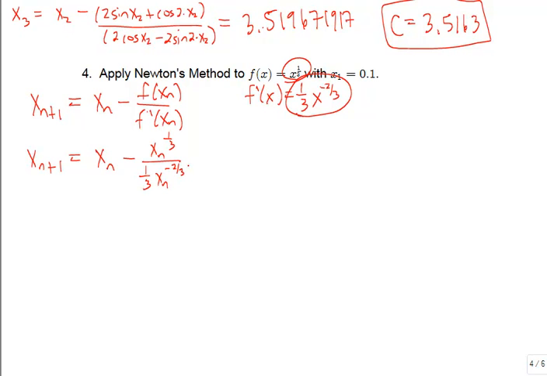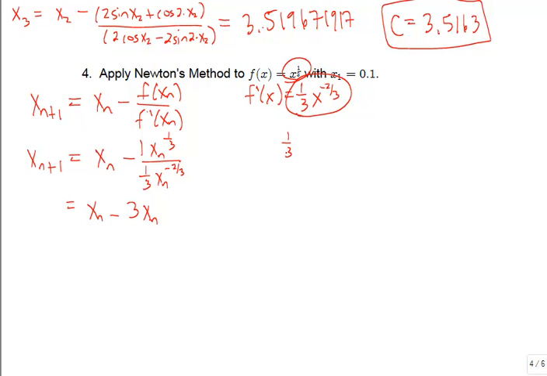Now I'm going to go ahead and clean this up a little bit because it's not too hard to do. What we'll see here is that 1 over 1/3 just becomes a 3. You're multiplying by the reciprocal of 1/3, which turns it into a 3 in the numerator. So I'm going to flip this 1/3 up to the top. And then for these x sub n's, because you have an x sub n to the 1/3 over an x sub n to the negative 2/3, by laws of exponents, I'm allowed to subtract those two powers.